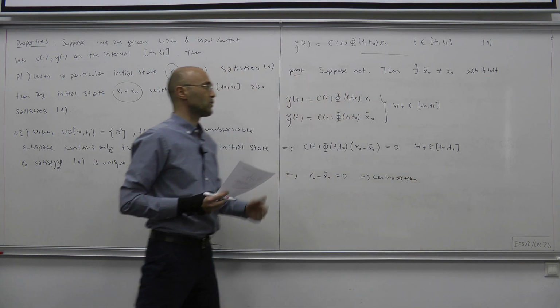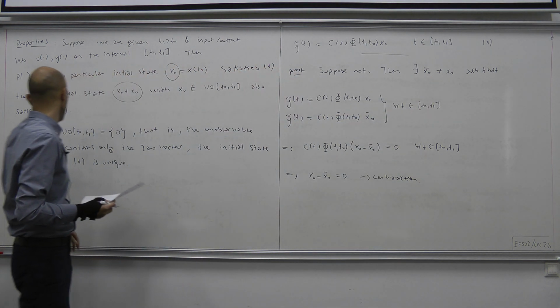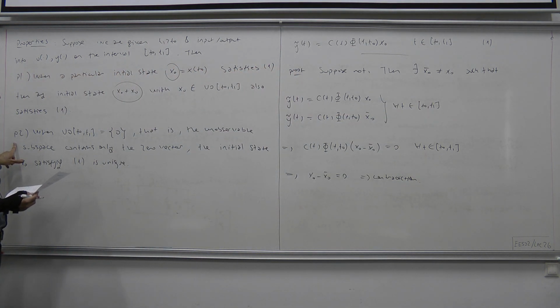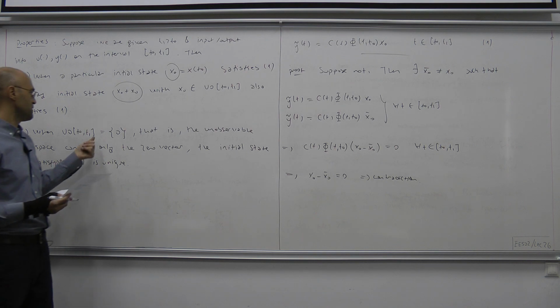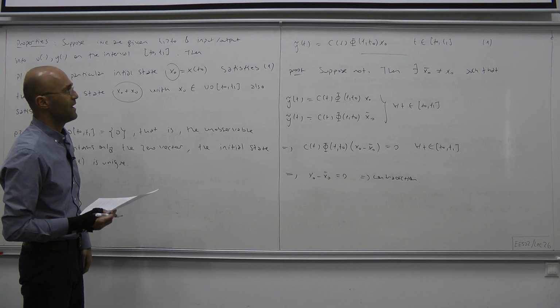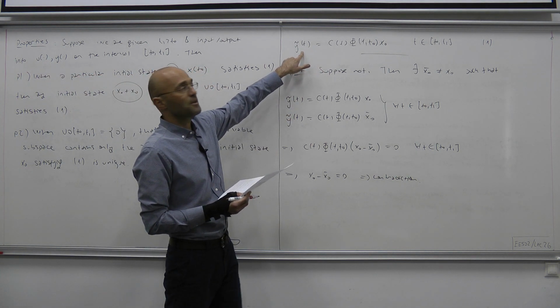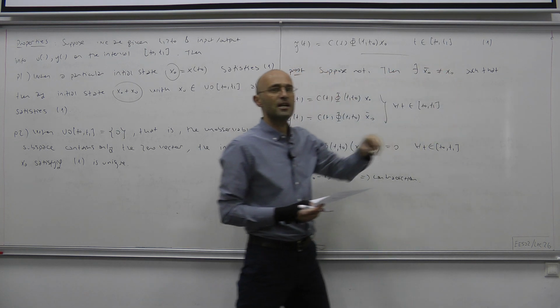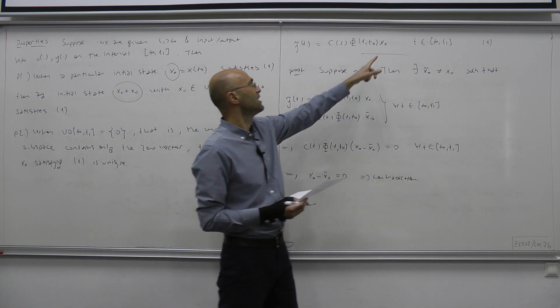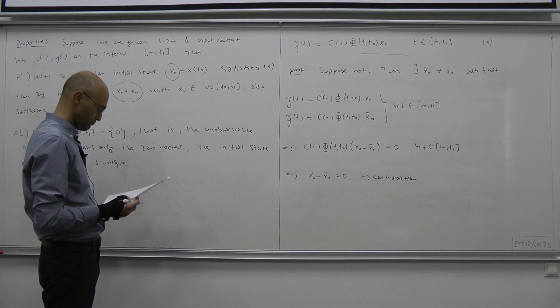So that contradicts the initial assumption. Therefore, property 2 must hold true. That is, if the unobservable subspace is of dimension 0, then by observing the output throughout this interval, you can uniquely determine the initial condition, the initial state of your system.